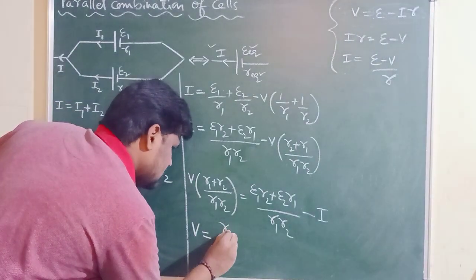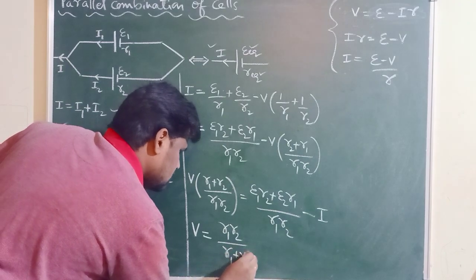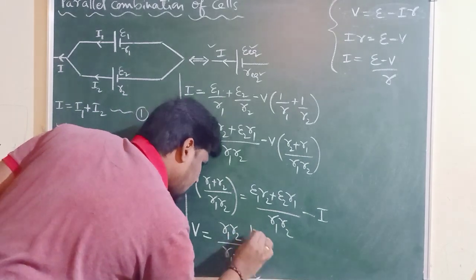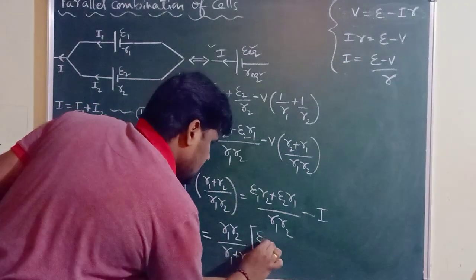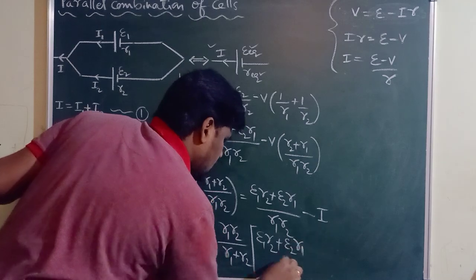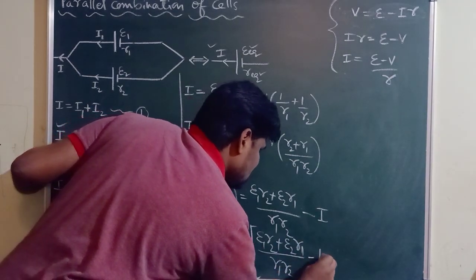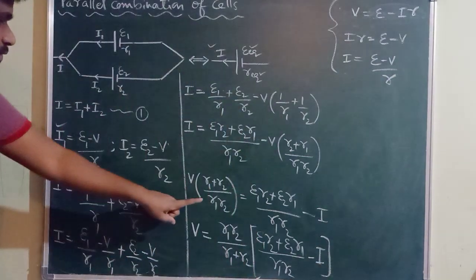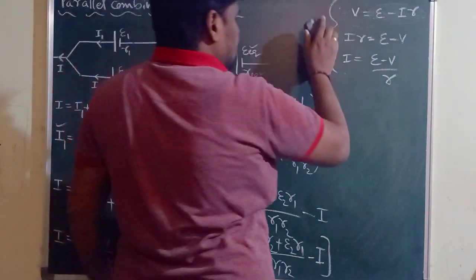I can write this as R1 R2 divided by R1 plus R2 into the bracket. Into the bracket, what can I write? E1 R2 plus E2 R1 divided by R1 R2 minus I. I have transferred this term to the RHS now. Okay. Next, continue the steps.